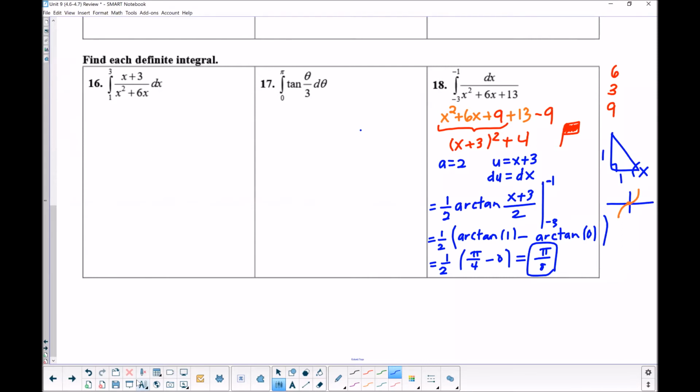Sarah had asked about number 44 in the textbook homework, so I'm going to call that up here real quickly. PDF of textbook, 4.6, the natural log function.